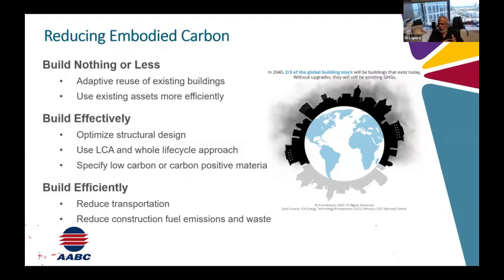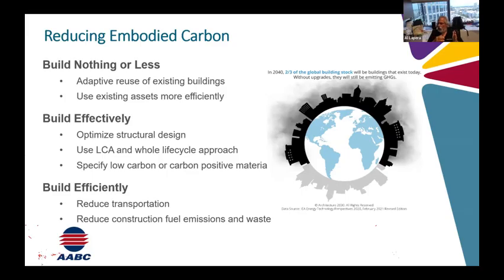In new buildings, you optimize the structural design. You look at an overall whole cycle approach. On new buildings, I've seen them start to go away from using steel to going to laminated wood. They look at low carbon or carbon positive material.